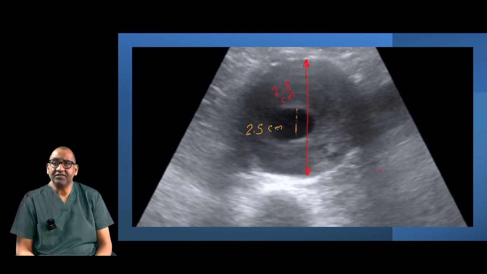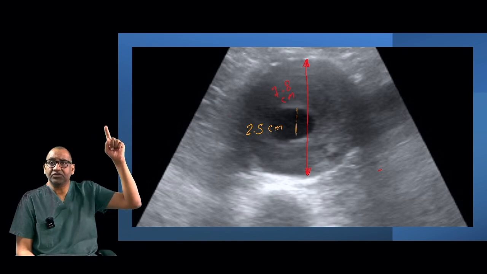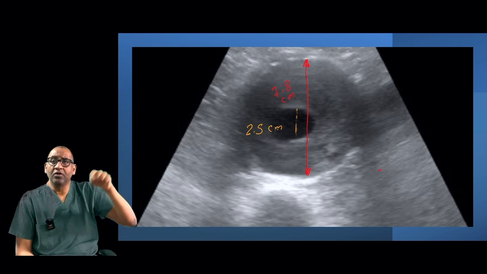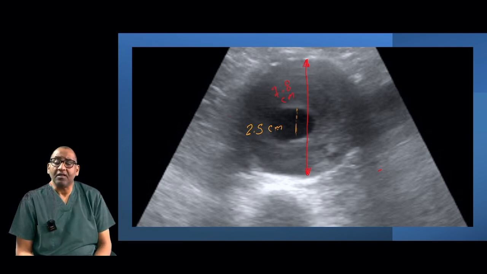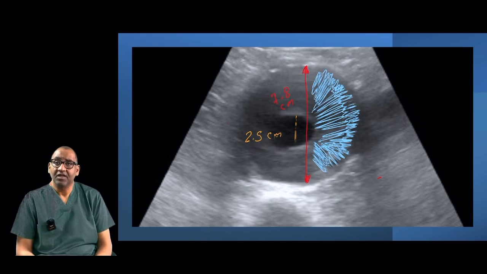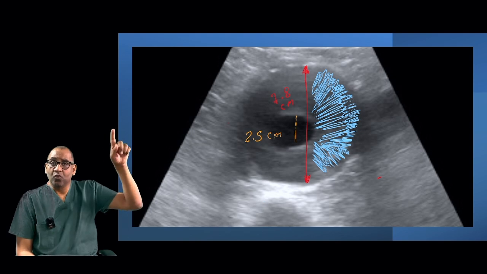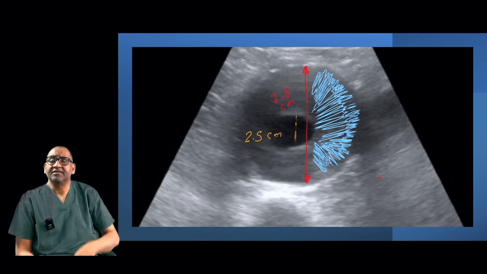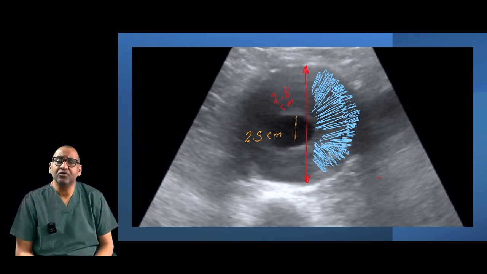Obviously, as we are going to learn, he should have measured from outer wall to outer wall for the diameter of the aorta, which is 7.8, and it is significant. Whatever is outside that echoic area is the intramural thrombus.